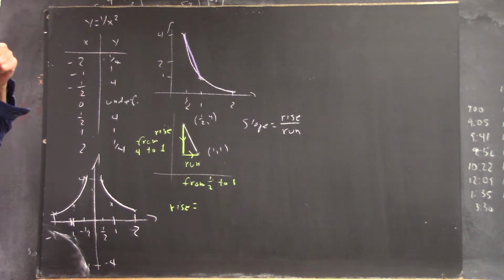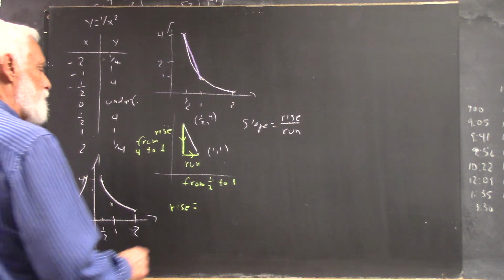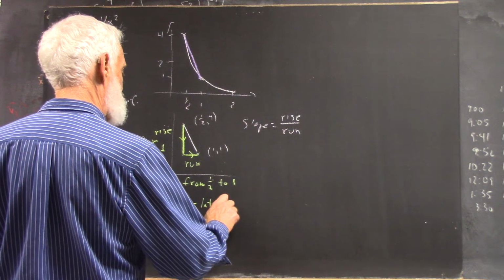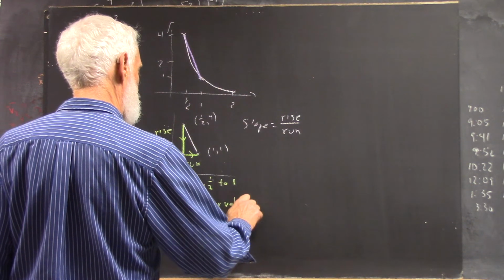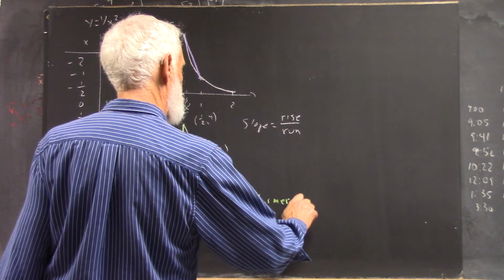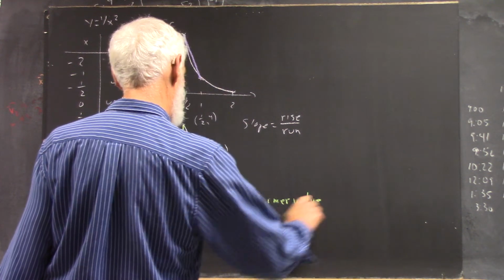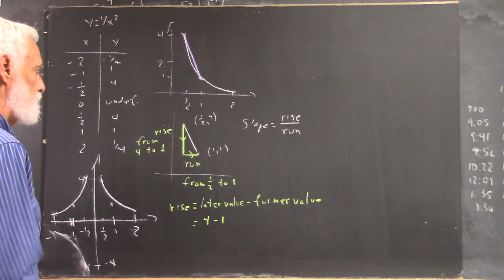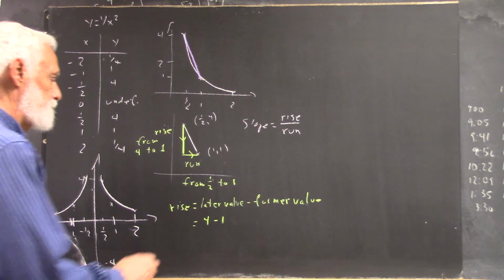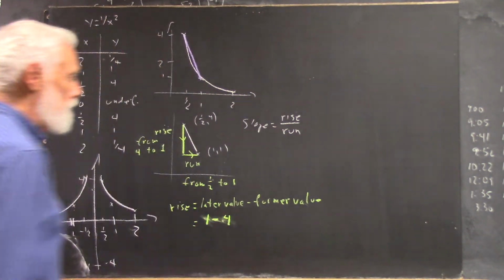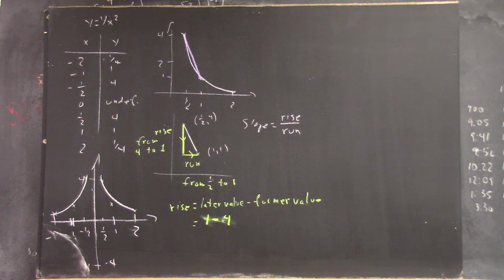Now, this point is important. The rise is 1 minus 4, which is -3.